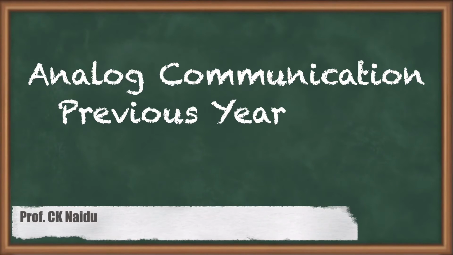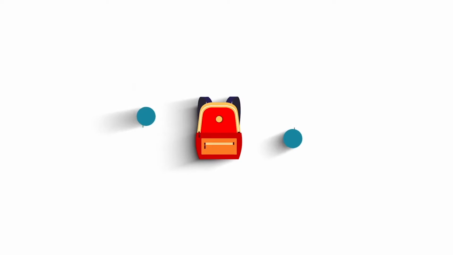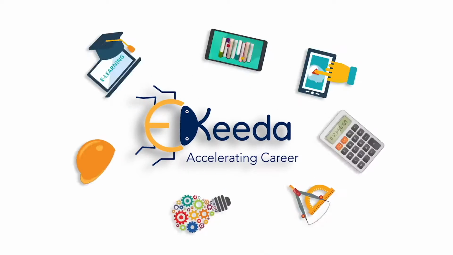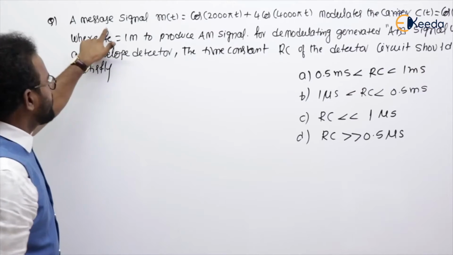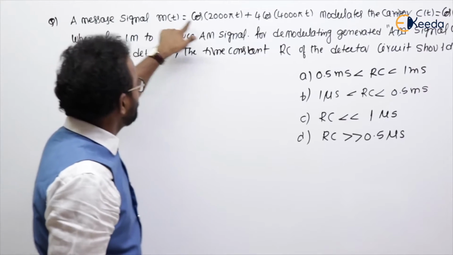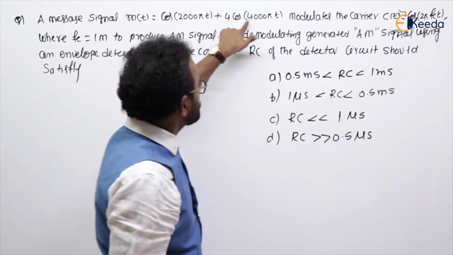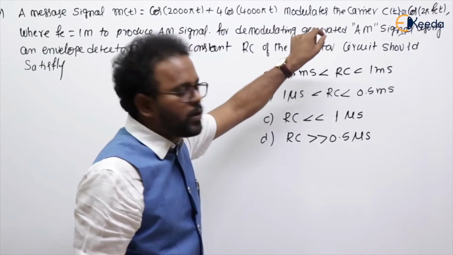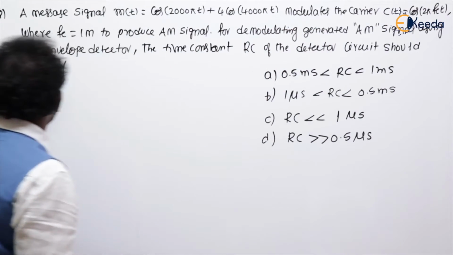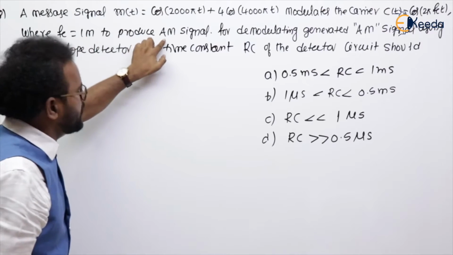See the problem which is asked in GATE from analog communication. A message signal m(t) = cos 2000πt + 4 cos 4000πt modulates the carrier c(t) = cos 2πfct, where fc is 1 megahertz, to produce an AM signal.